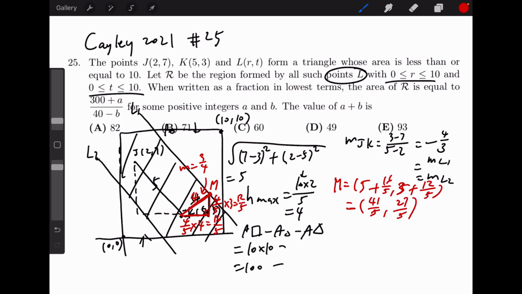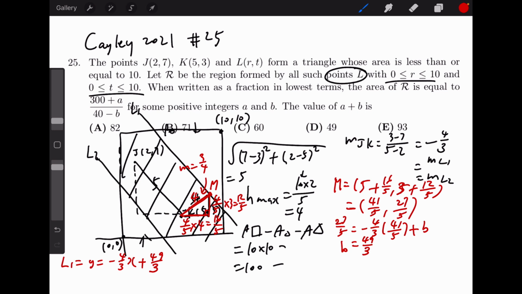If we plug this set of coordinates into the equation, then we get 27 over 5 equals negative 4 over 3 times 41 over 5 plus the y-intercept. And therefore, we can solve for the y-intercept, which equals 49 over 3. Therefore, the equation for line 1 would be y equals negative 4 over 3 times x plus 49 over 3.